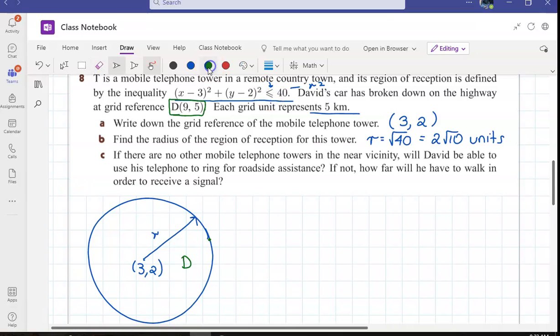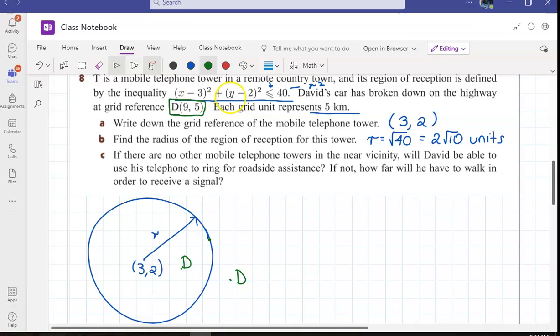So, if Dave is out here, obviously he doesn't get reception. How can we work out if he gets reception or not without having to draw it to scale? You could find the distance between the point Dave and the center, or sub.